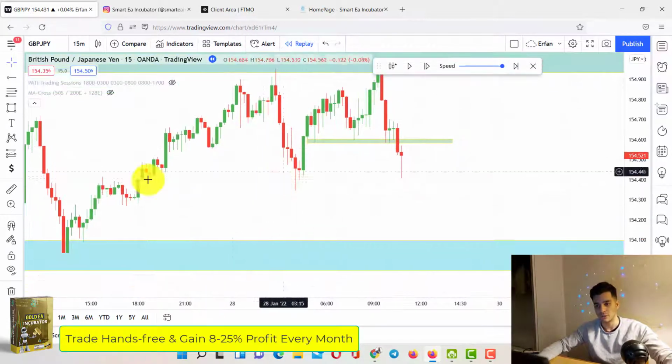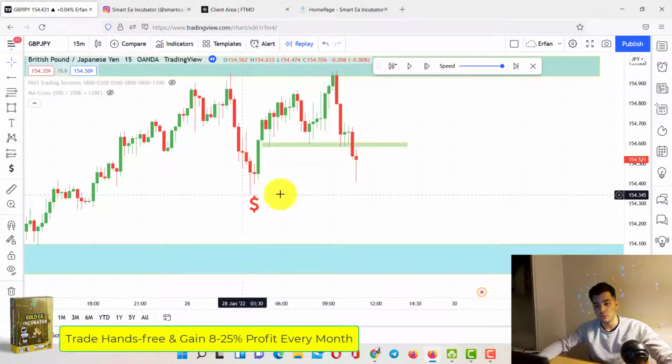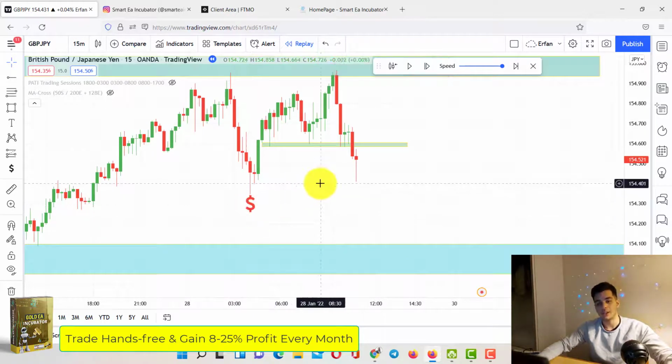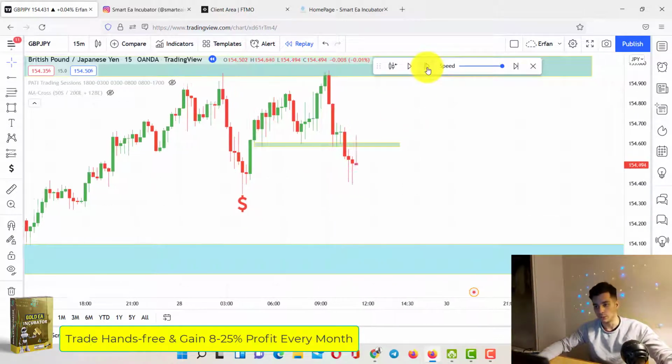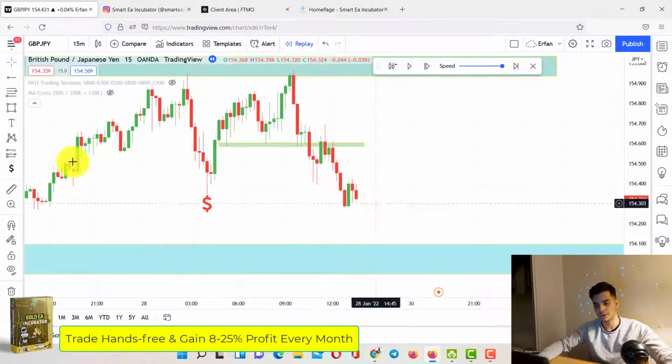So for example, even right here we have so much liquidity, so we can see that maybe the price is trying to reach this level to stop out all the buyers, because we have so much liquidity here, and this is what the market is constantly doing. We don't know, we'll see. Yeah, exactly. See, it broke into this level right here.